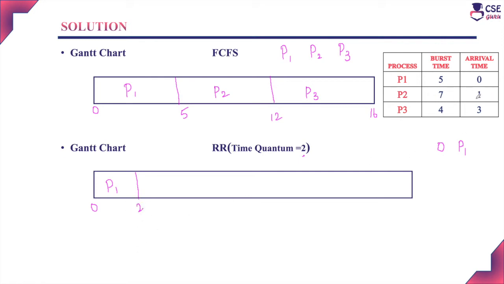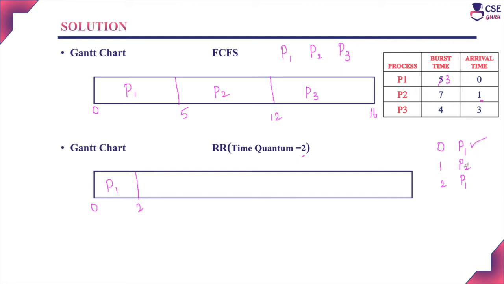At the time of 1 millisecond, process P2 enters the ready queue. And at the time of 2 milliseconds, process P1 completes its time quantum. It requires 3 more milliseconds to complete its execution, so it will be added to the tail of the ready queue at time 2 milliseconds.